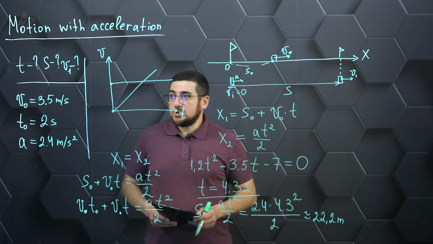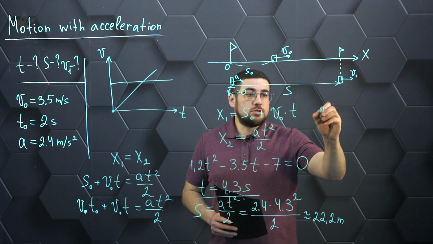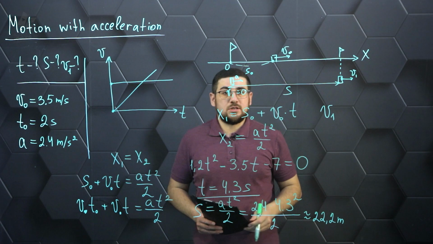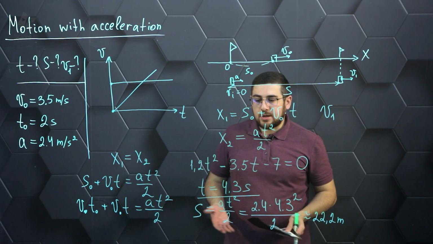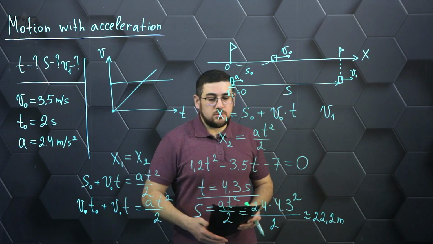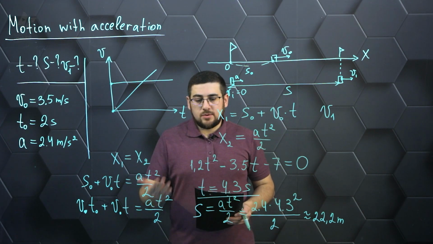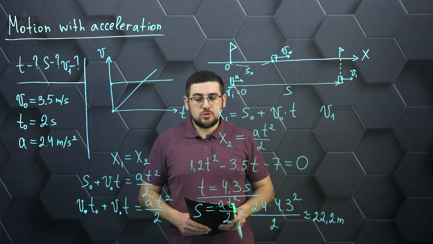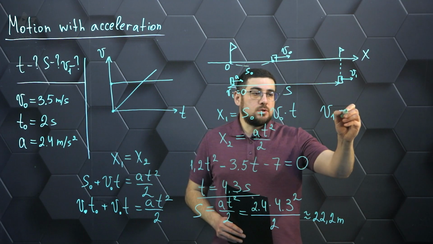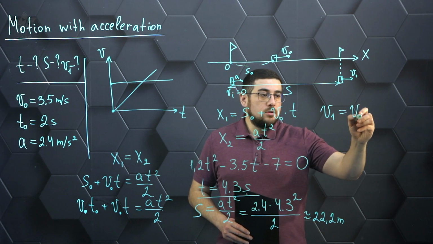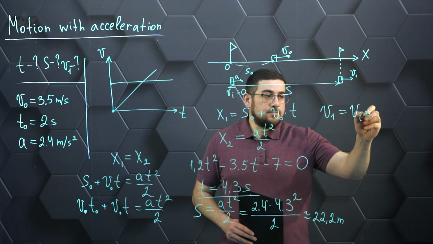And the final question is speed. What speed has the second cyclist gained? Here we can solve in different ways, because we already know the displacement traveled by the body. We know the acceleration of the body, the time. So there are different ways. Well, let's choose probably the simplest one. This is the equation of the velocity of this body.